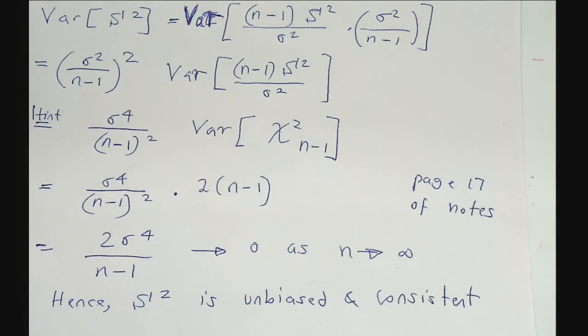No, this is a sample mean. This is x bar, a sample mean. Whereas this is a population mean. So they're two different things. This is population mean. This is a sample mean.